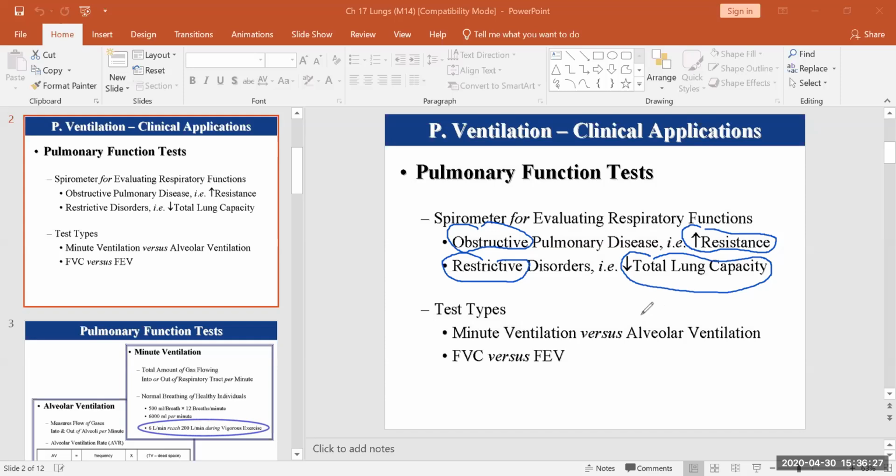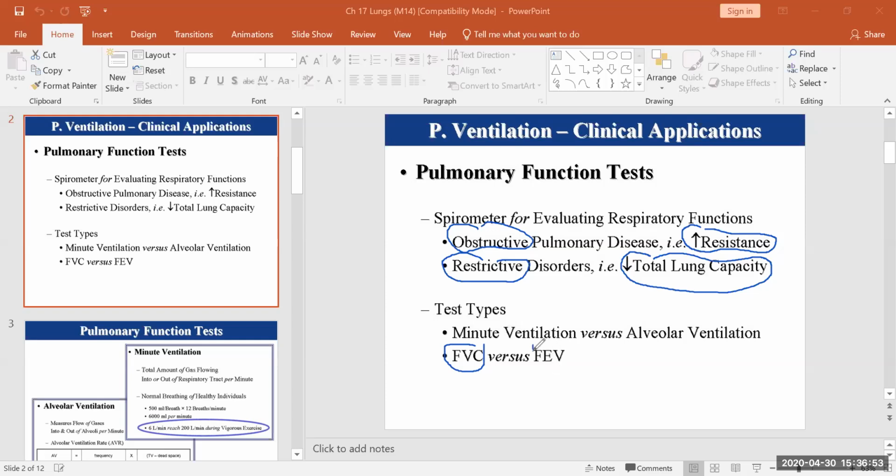Now, we test them quickly by two measures called FVC and FEV. The FVC stands for forced vital capacity, whereas the FEV stands for forced expiratory volume.